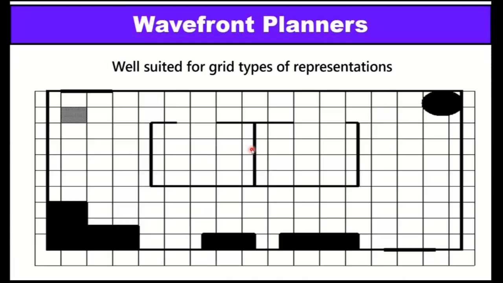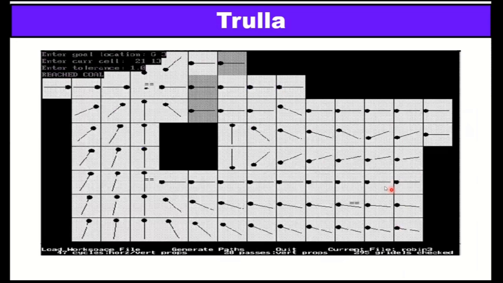Let us say this is the grid we have considered and this is the configuration space. Then in the wavefront planner, this is one of the systems I am showing, one of the known algorithms, where you can sense how the flow is happening. So as we said already, this is a conductive material. So we don't go over here, like a heat map.